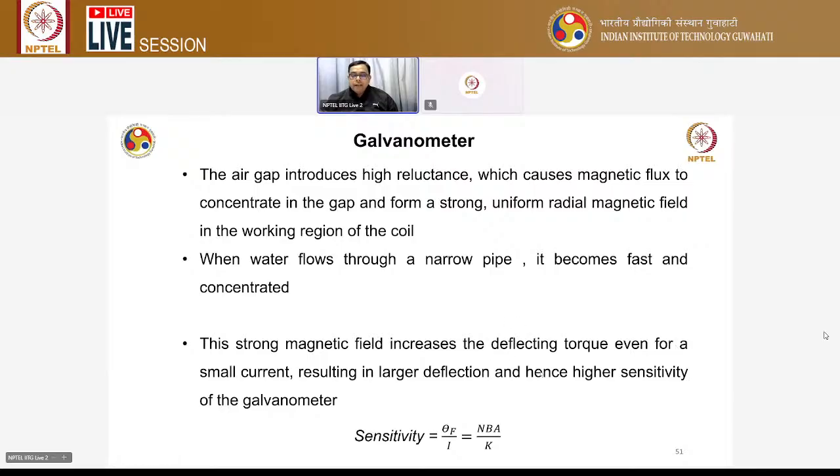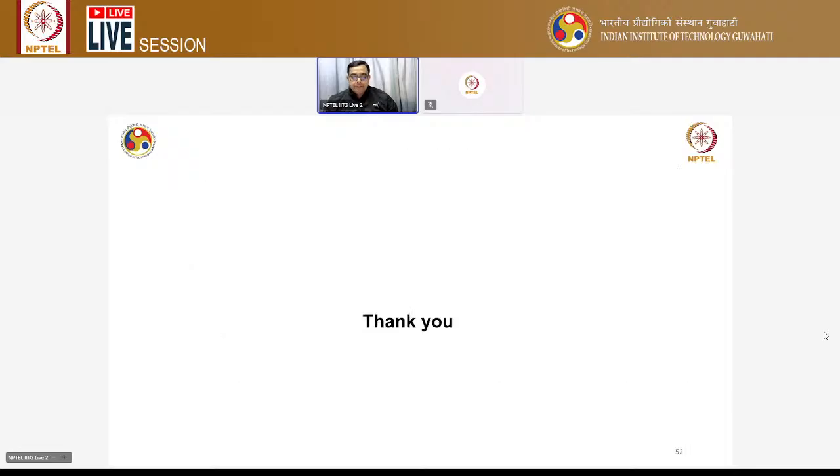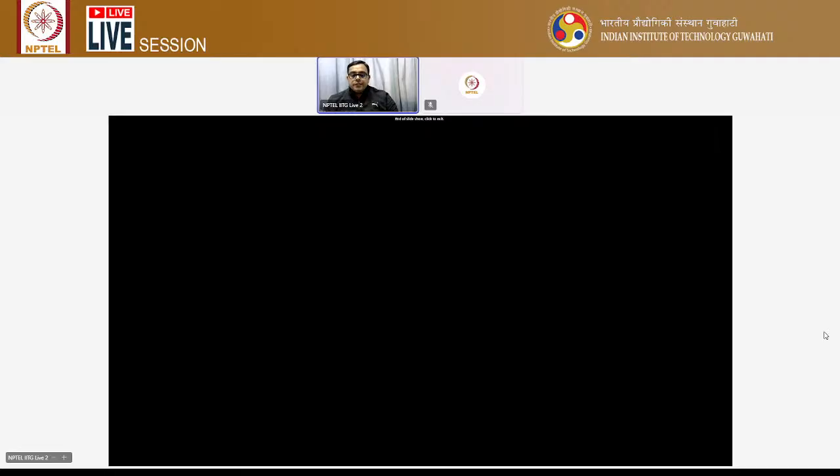Higher deflecting torque means there will be larger deflection, and of course then you will have a higher sensitivity of the galvanometer. Sensitivity we have already defined as theta by I or NBA by K. So you can understand that when you have higher reluctance, at the same time you have a better sensitivity. So these were the questions that were posted.